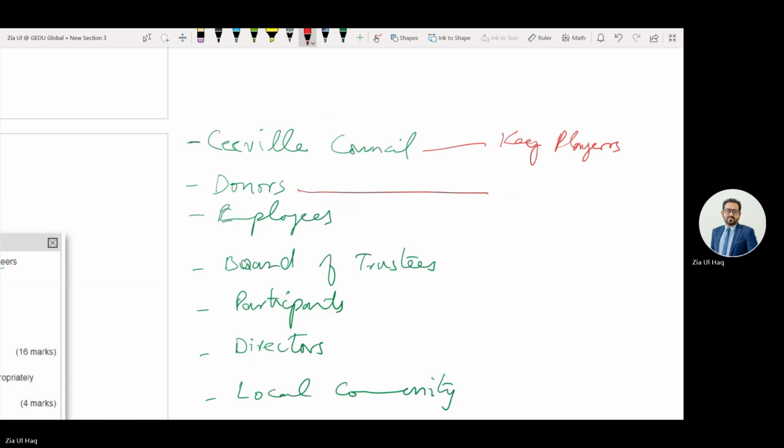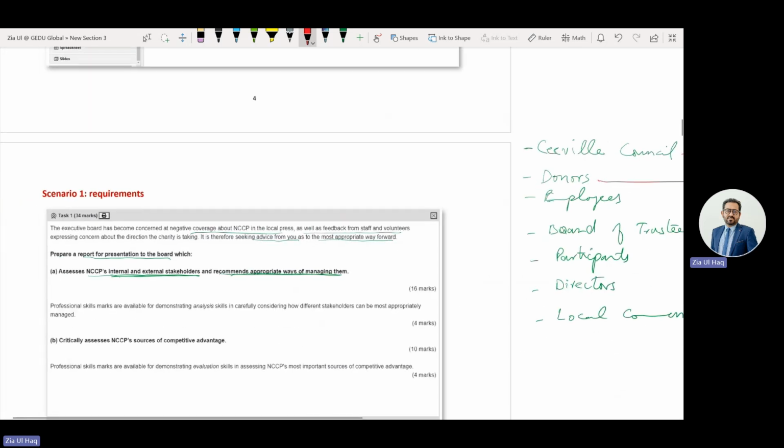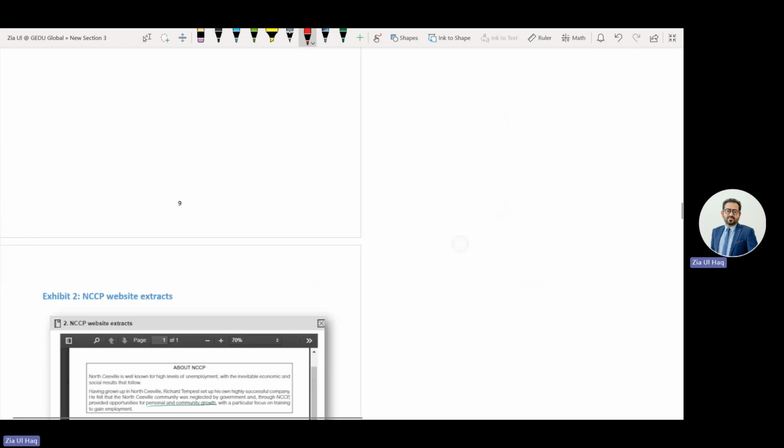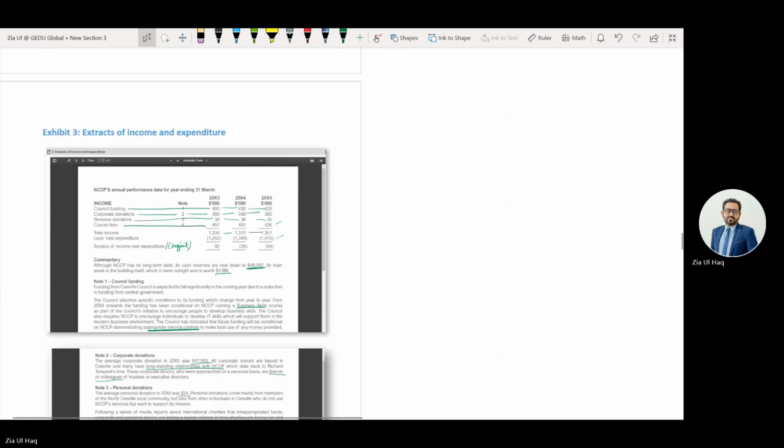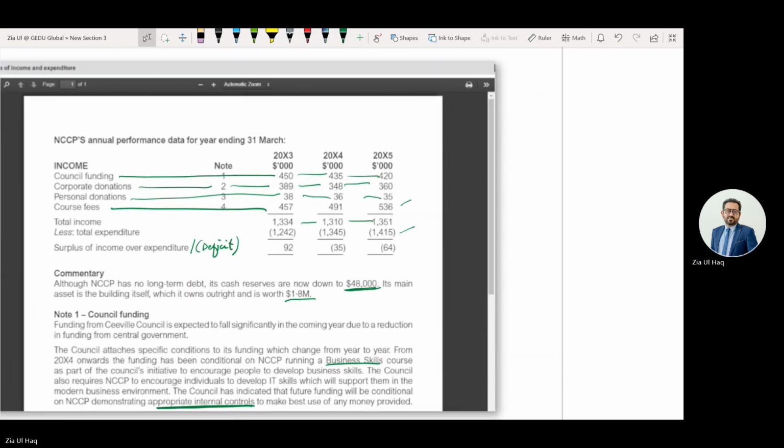Donors, business donors as well as personal donors, are paying a huge amount to the company. If we see how much the company is generating from donors, business and personal, the company is receiving corporate donations as well as personal donations of almost more than 400,000.